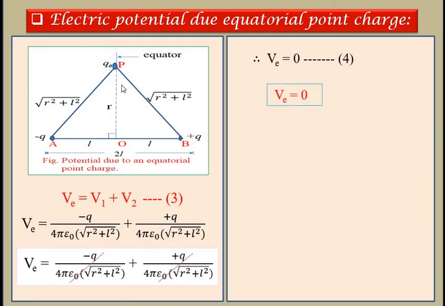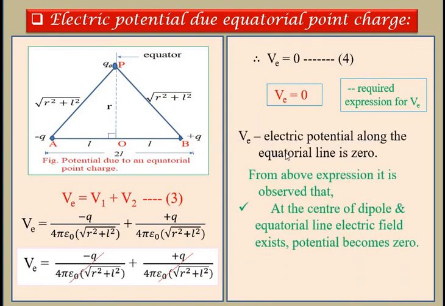It means at the equatorial point the electric potential is equal to 0. This is the required expression for the electric potential due to an equatorial point charge. VE is the electric potential along the equatorial line, which is equal to 0.